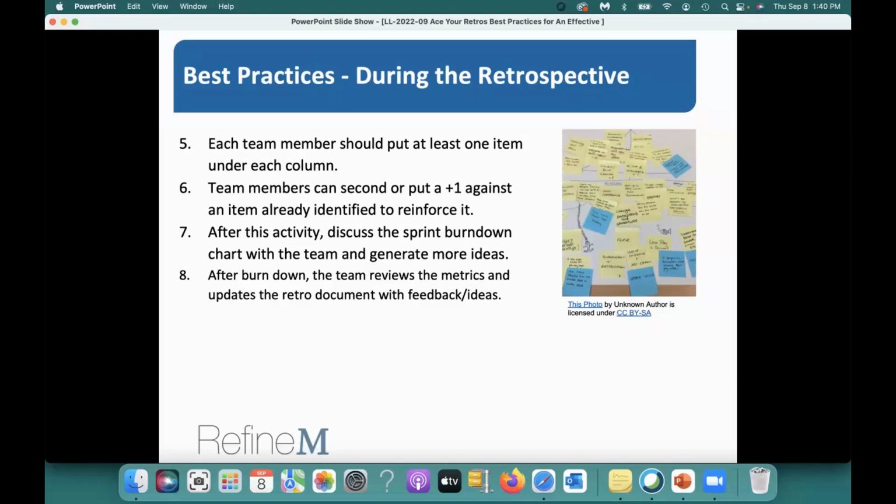So earlier was the free feedback. Now you're looking at data, right? You're looking at your burn down and your metrics, and based on that data, you are creating feedback.